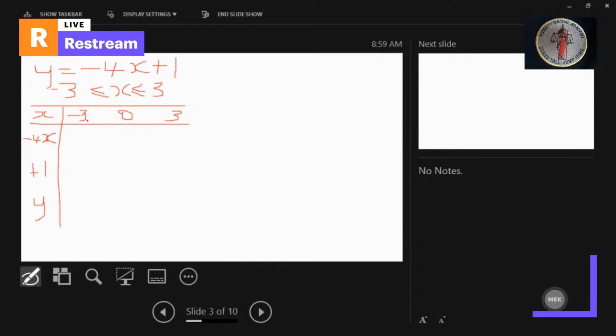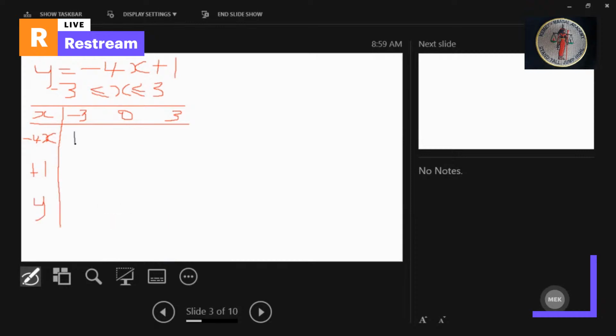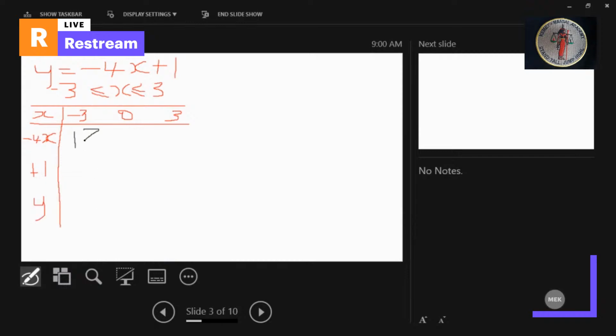So negative 4 times negative 3 is going to give a positive 12. Negative 4 times 0 is 0, and negative 4 times positive 3 is negative 12. And we're going to add 1 to everything.